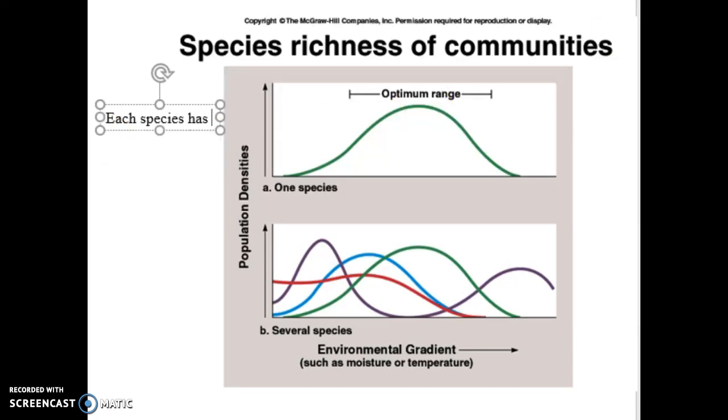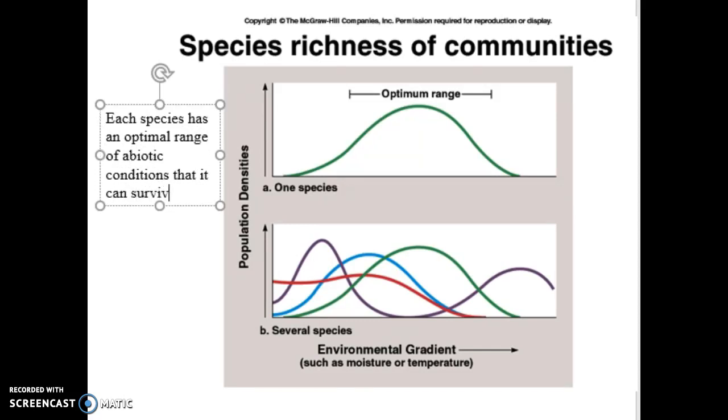So each species has an optimal range of abiotic conditions that it can survive within.